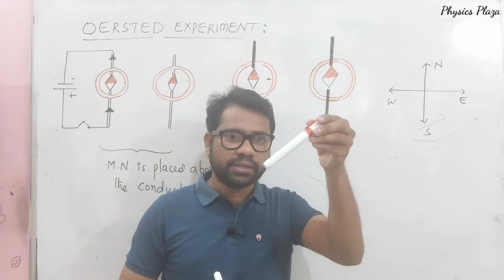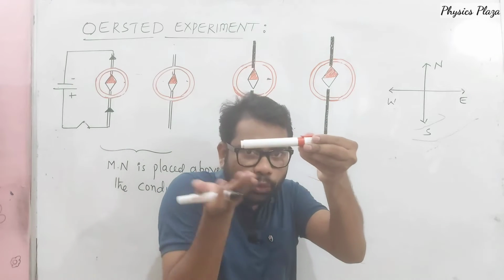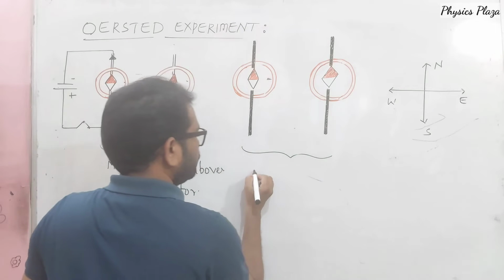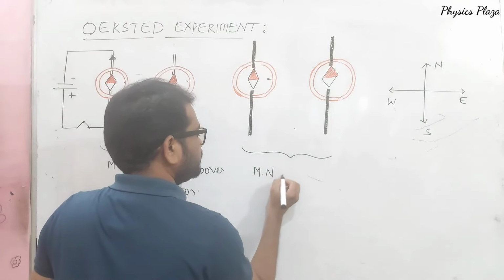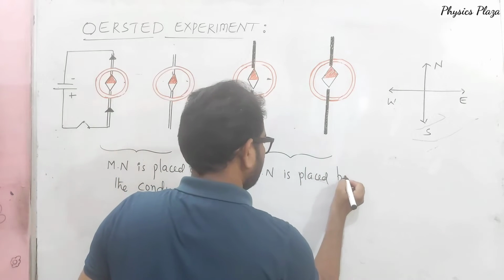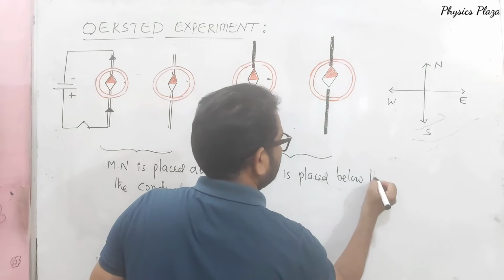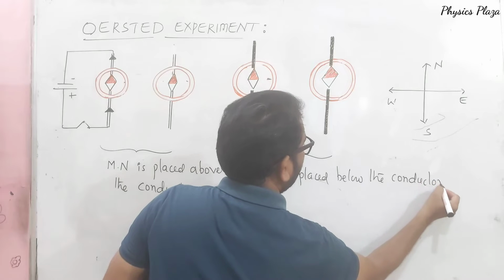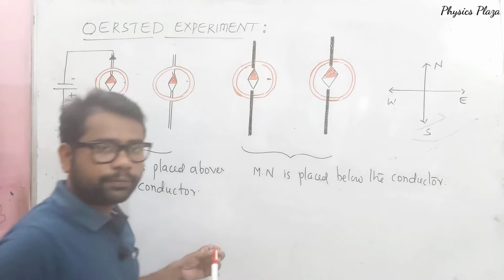I mean, if the conductor is like this, it is placed below it. Try to understand, so below it. Now we will see how the magnetic needle gets deflected.